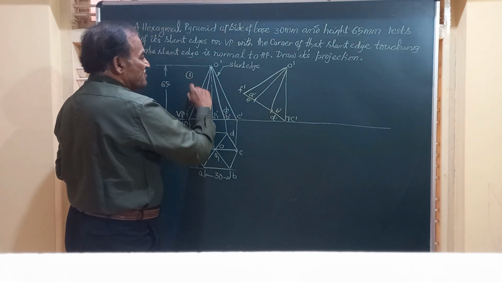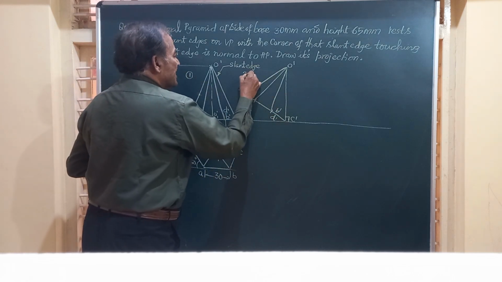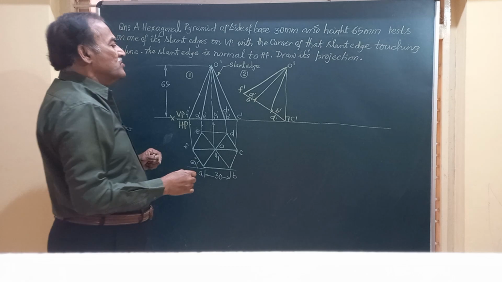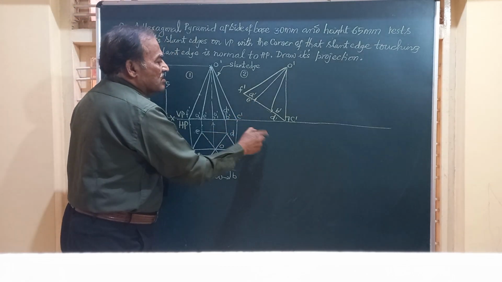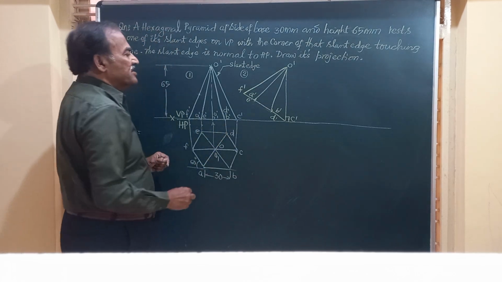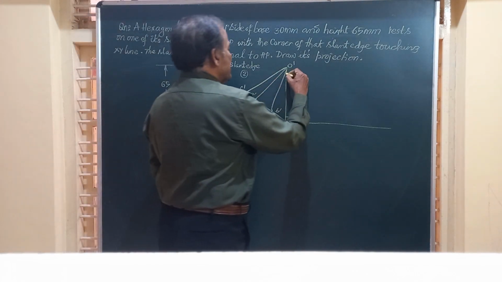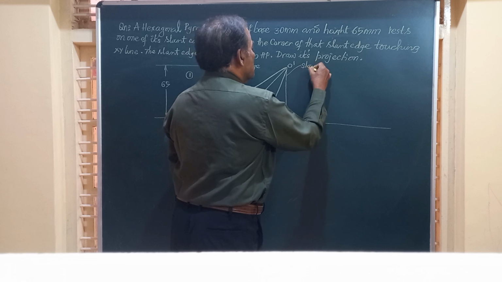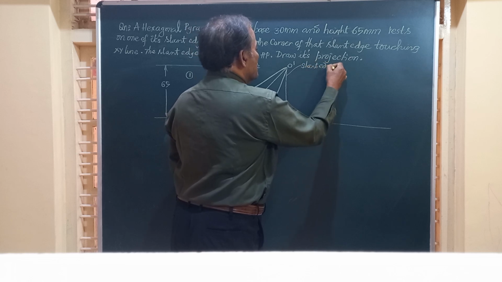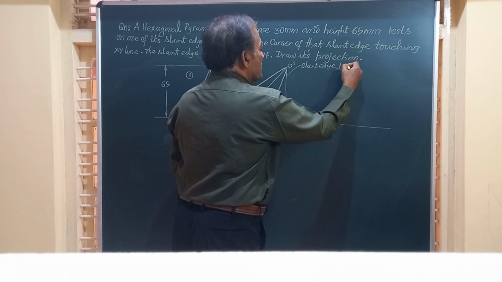Remember friends, this figure number 1 is exactly identical to figure number 2, excepting that it is drawn with O dash C dash perpendicular to HP. So I'll just mark it here. Slant edge perpendicular to HP.